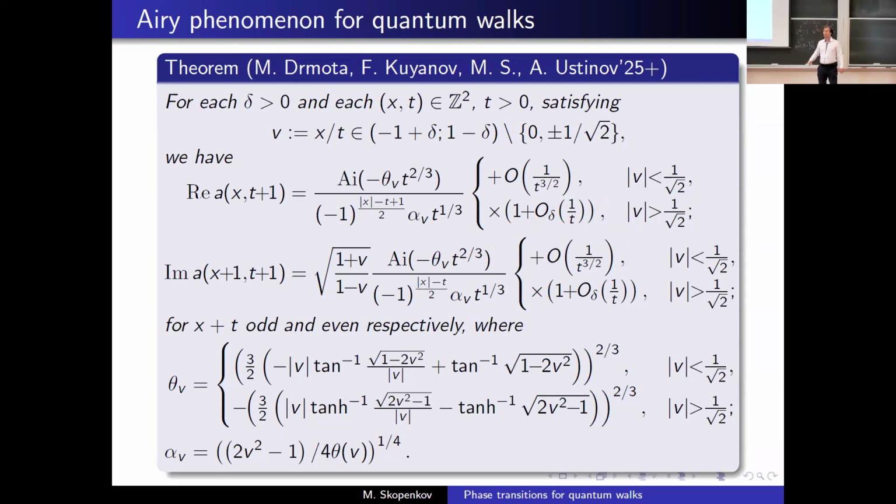Here, the notation O sub delta means that the constant understood in the big O notation depends on delta, but does not depend on x and t. And in the first case, big O does not involve any parameters. This is a uniform estimate with a constant not depending on anything. This is a key point.